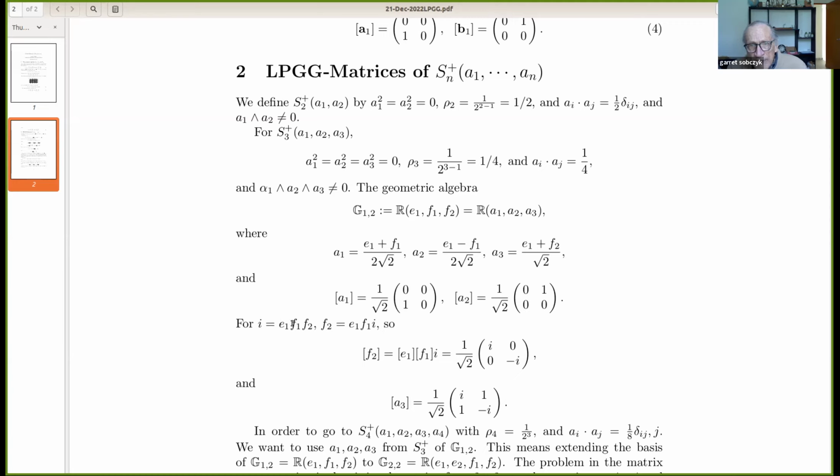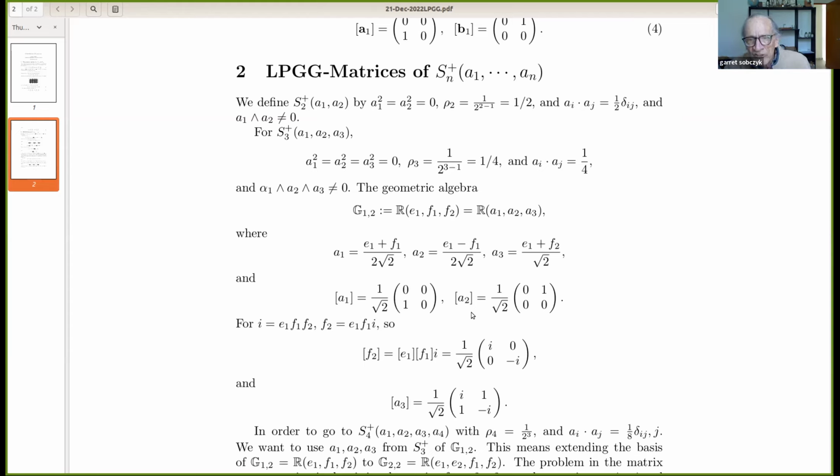So E1 times F1 has square plus 1, F2 has square minus 1. So I squared is equal to -1. It's also in the center of this geometric algebra. I commutes with E1, F1, and F2.